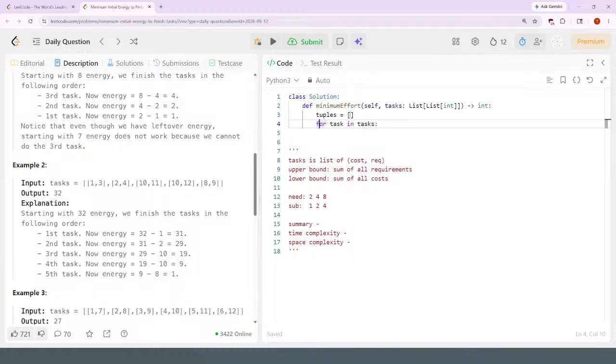It'll have excess, and then I want to sort by, I guess, excess and requirement for each task.